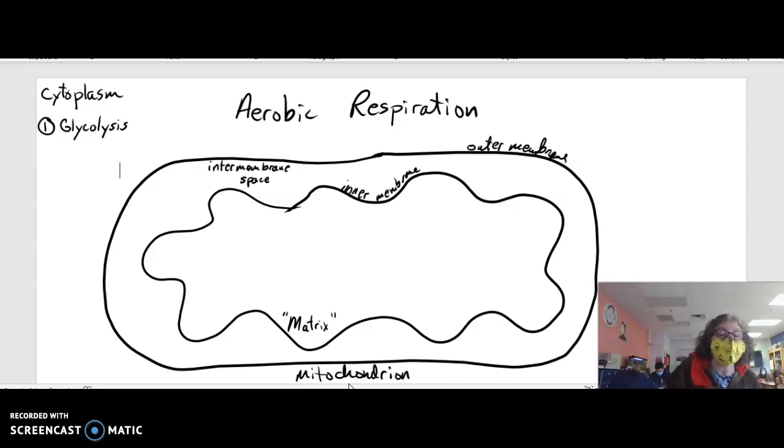But not every cell can go on further into the mitochondria, right? Glycolysis is where you take glucose and you break it down until you get two pyruvates or pyruvic acids. Remember, we're starting with 6 carbons up here, and then we wind up with 3 carbons down here.